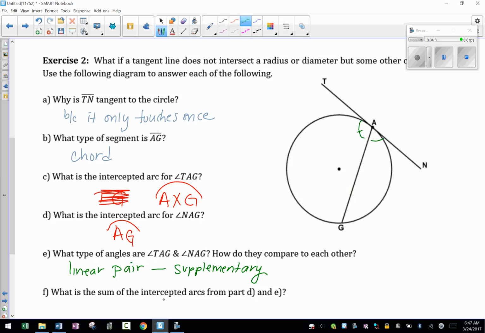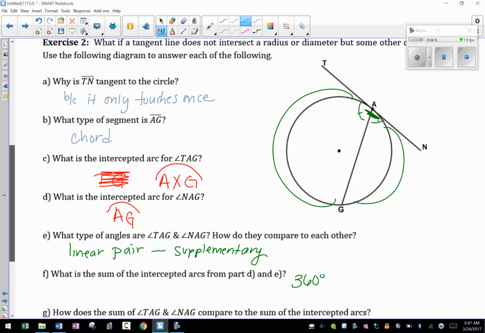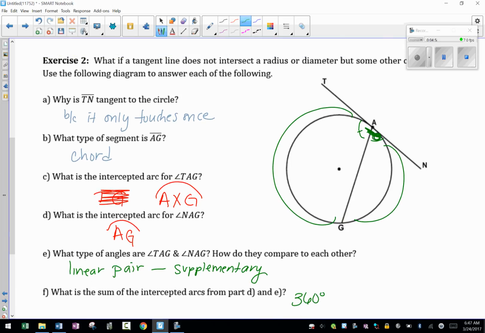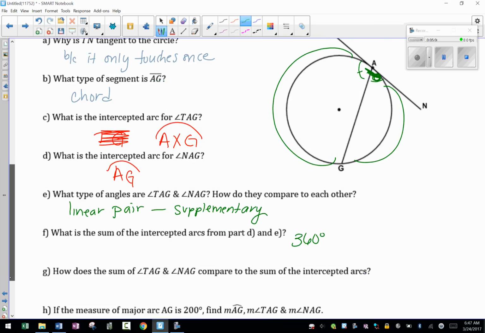And then it says, what do the arcs add up to? So what do arcs big AG and small AG add up to? Well, that's the whole circle. So big AG and small AG add up to 360. Now notice our angles added up to 180 while the arcs added up to 360. So the rule is this angle right here is half of the arc.